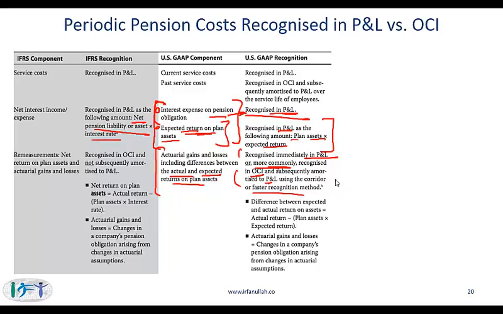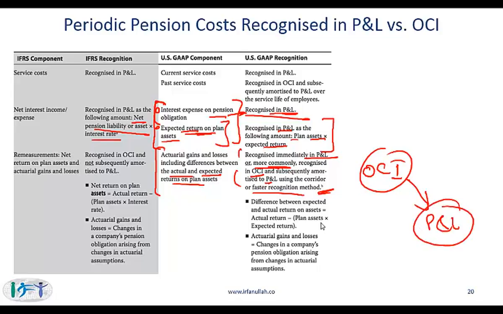Now, I don't think you need to get into the details of these methods. They are explained in the footnotes in the curriculum, but just recognize that if numbers are put in OCI, then there is a method based on which these numbers flow from OCI to the P&L, and one of those methods is called the corridor method, the other is called the faster recognition method.